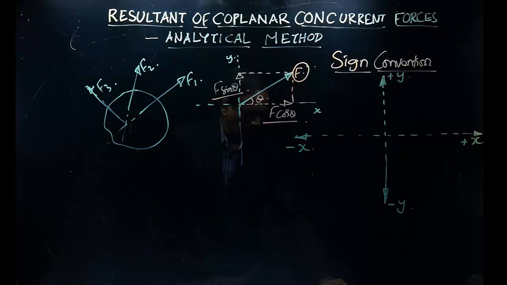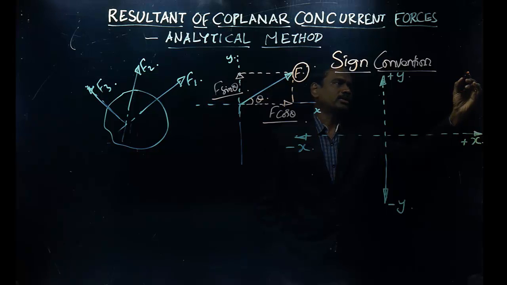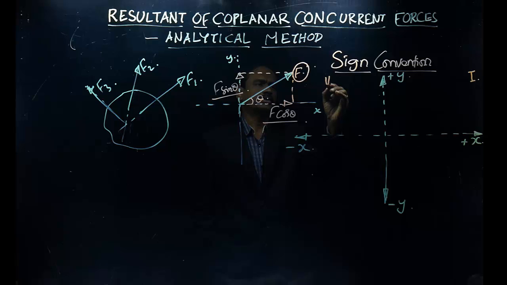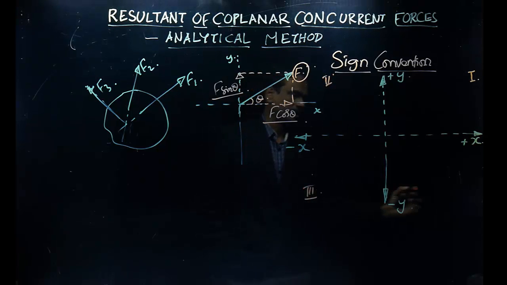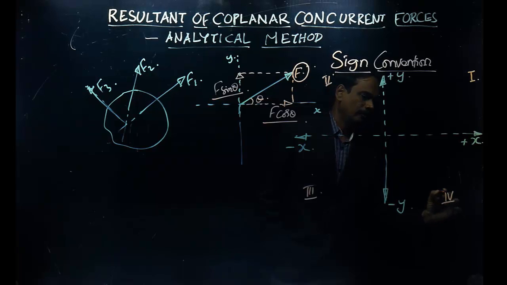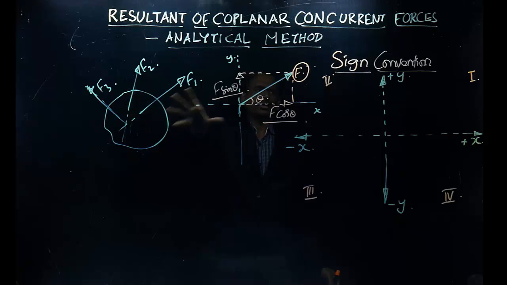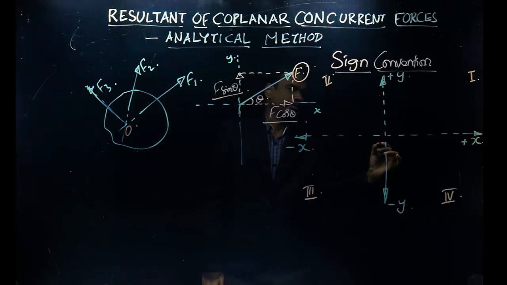Now, if you recollect what you studied in school level maths, this one we call the first quadrant, this the second quadrant, this the third quadrant, and this the fourth quadrant. And let's assume that all these forces are concurrent at the origin.